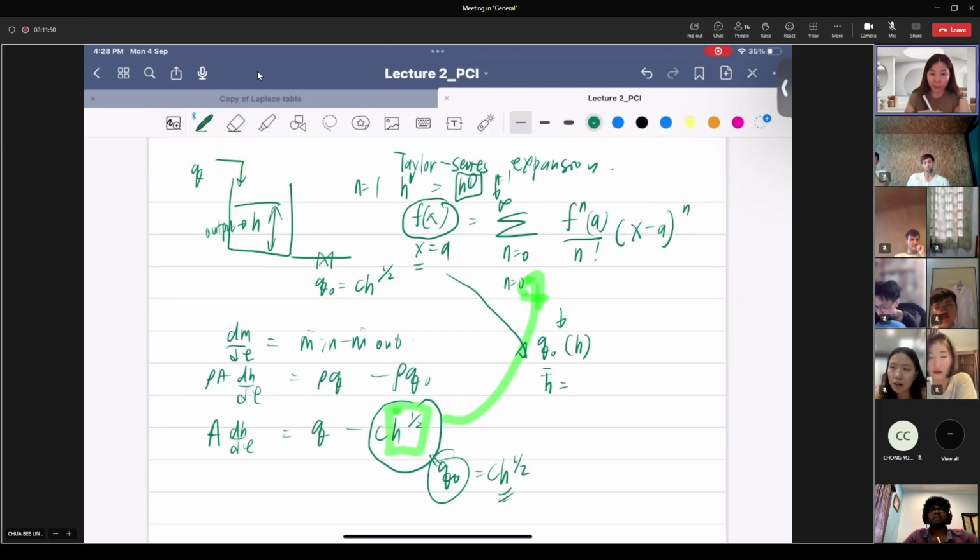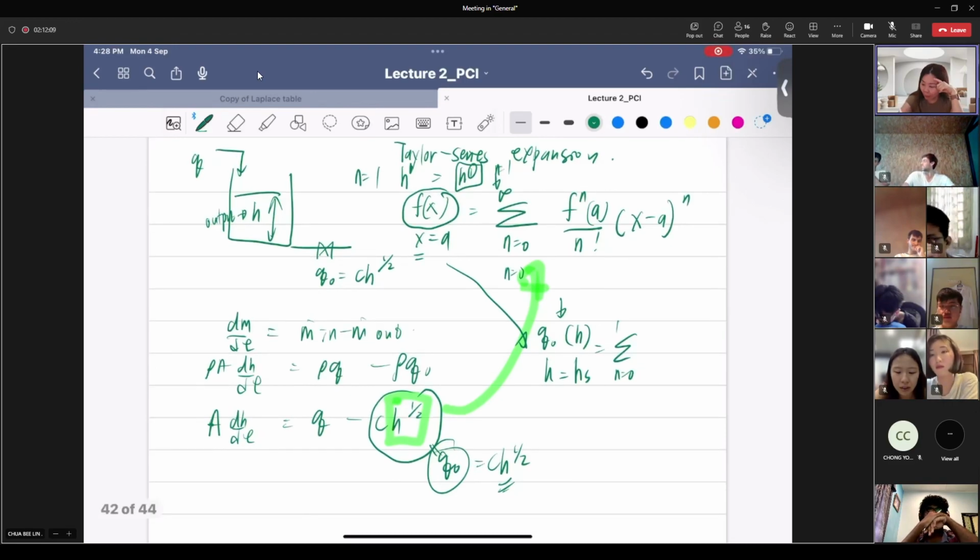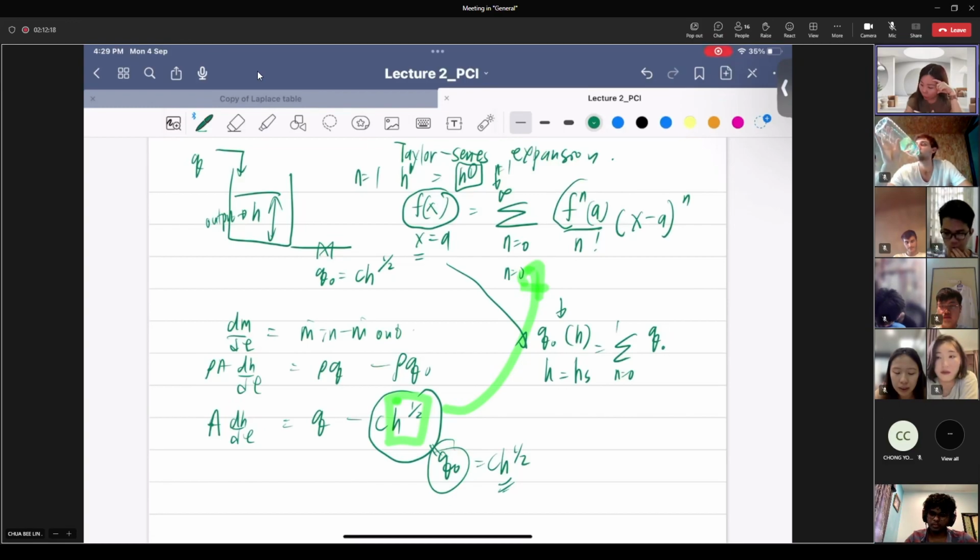Then what is the a? A is where you start your change. It is the steady state value. So h equals hs. Then start from n equals 0, stop at 1. The f now becomes your Q naught. So your f^(n) will be your Q naught derivative of order n.